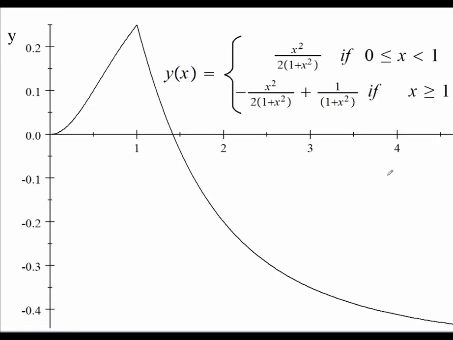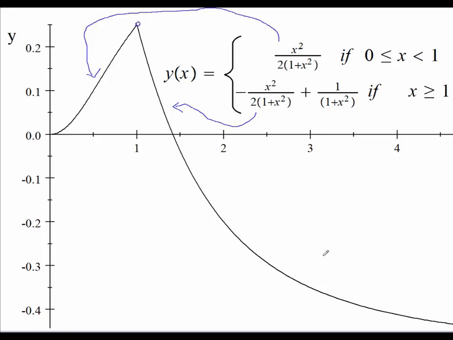Okay, so as I said, here is a graph of this function, which I just pasted in a different environment. This is the graph on the left of 1. This is on the right. And as you can see, the function is not even differentiable at x equals 1.